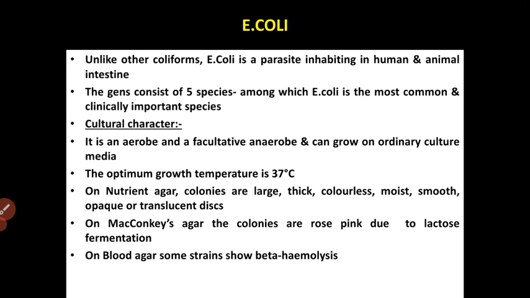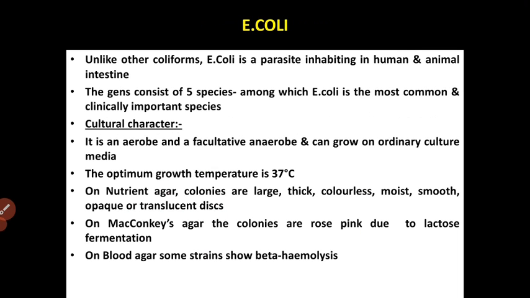Now this genus consists of 5 species, among which E. coli is the most common and clinically important species. We have already talked about Enterobacteriaceae family. In that, in species, we have E. coli, the most common. Next, cultural characters. It's an aerobe and facultative anaerobe and can grow on ordinary culture media. Next, optimum growth temperature is 37 degrees centigrade.